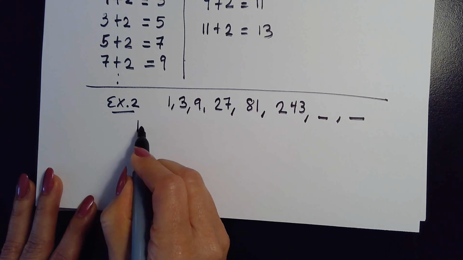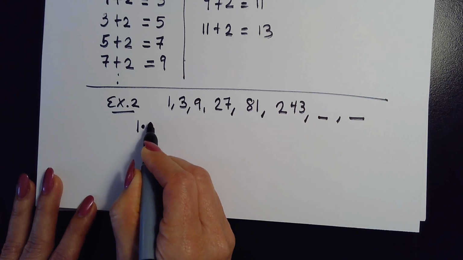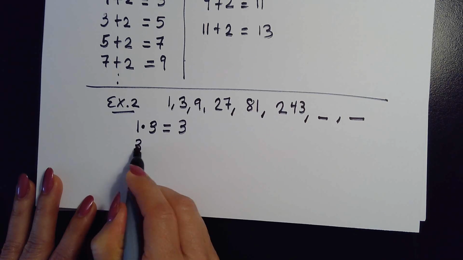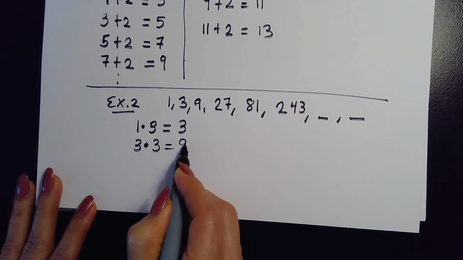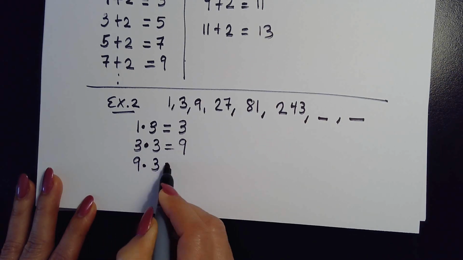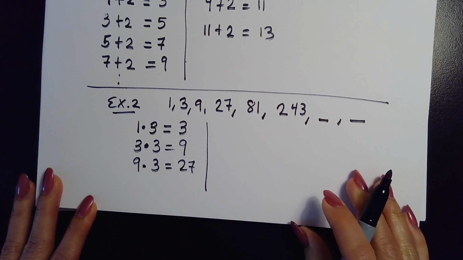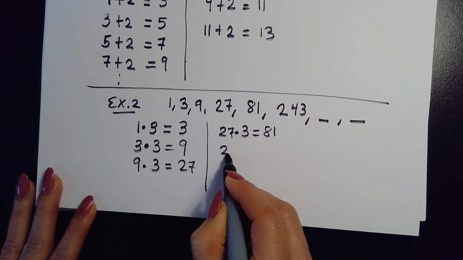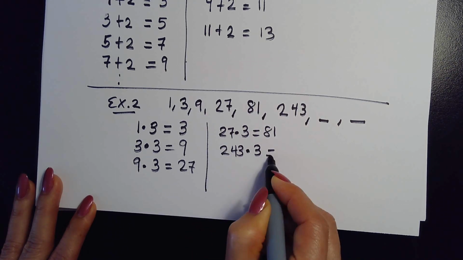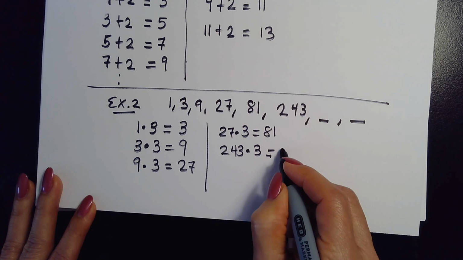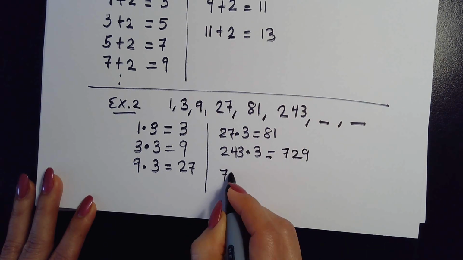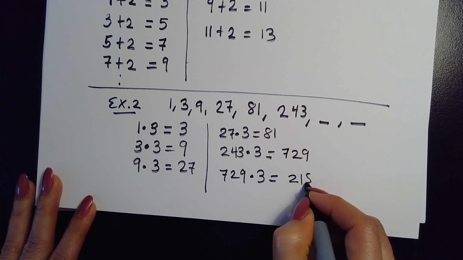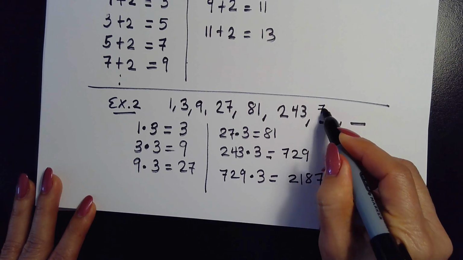We look at 1 times 3, and we get 3. We look at 3 times 3, we get 9. And then 9 times 3, we get 27. 27 times 3, we get 81. 243 times 3 is going to give us 729. And 729 times 3 will give us 2,187.